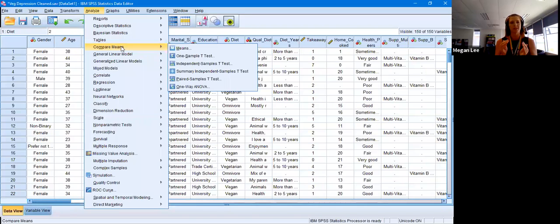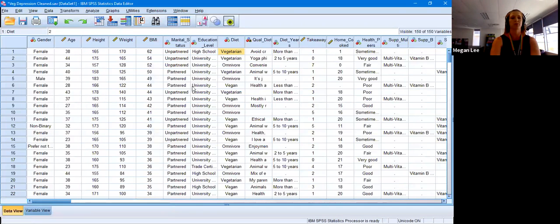So all those means that we got between dietary patterns and depression, and whether or not the averages between each of the groups are significantly different. To do that, we go compare means, and we just want to run a really simple one-way ANOVA. An ANOVA is basically just a statistical test that we use to compare averages between groups if there's more than 2 groups. T-tests are used for 2 groups, ANOVAs are used for more than 2 groups.